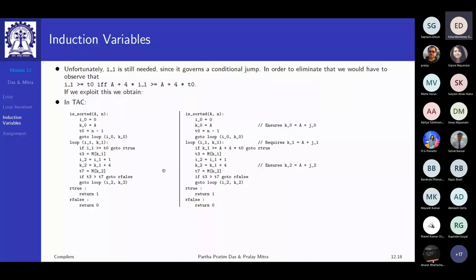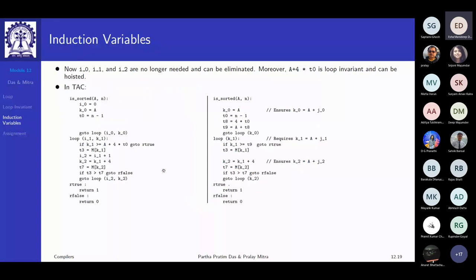After having done this, you have I assigned 0 and I assigned I plus 1. I is no more used in any other quad. So it has no further use.